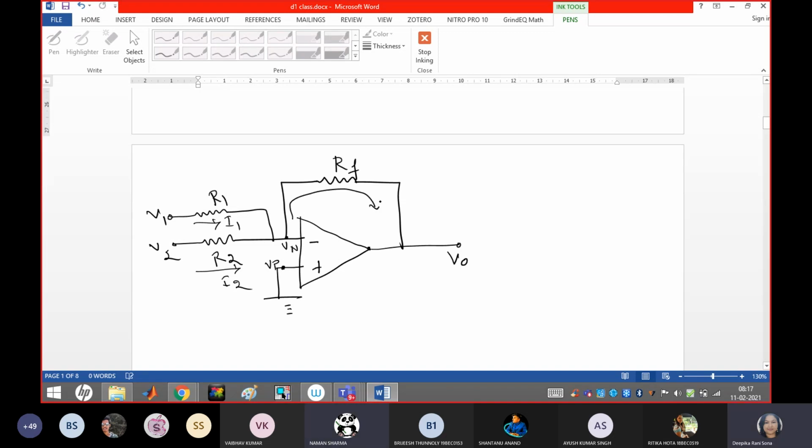What is the current then? We have to name this, no? Total current, we can say it. I3. Okay, suppose it is I3. And what will be the direction of flow of current: from V1 to Vn side, V2 to Vn side, then from Vn to V0 side, right? So first we have to make it by the virtual ground concept, right?